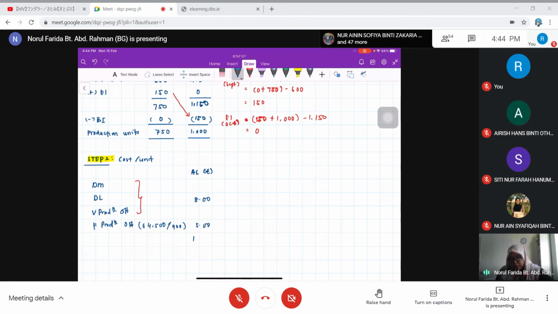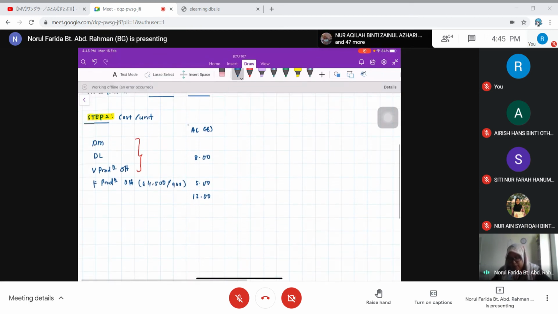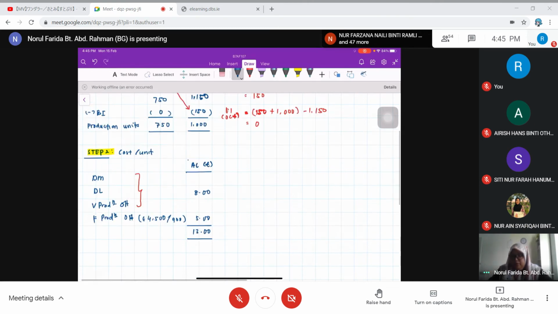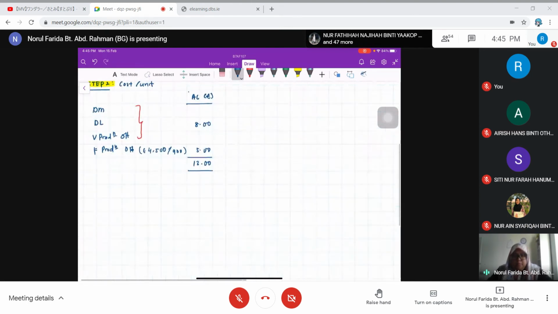Okay, so total production cost or cost per unit for absorption costing is 13 euro. Okay, so that is the cost per unit. Alright. So first adalah production budget in unit and then kira cost per unit.